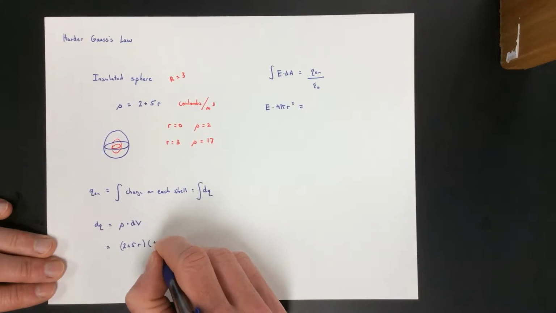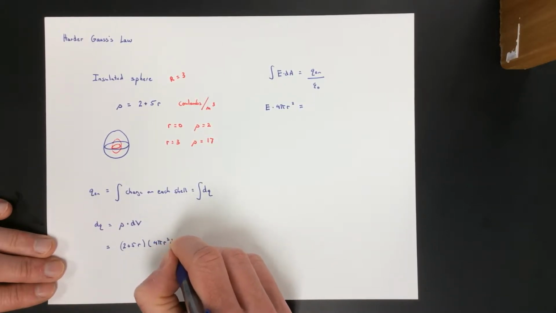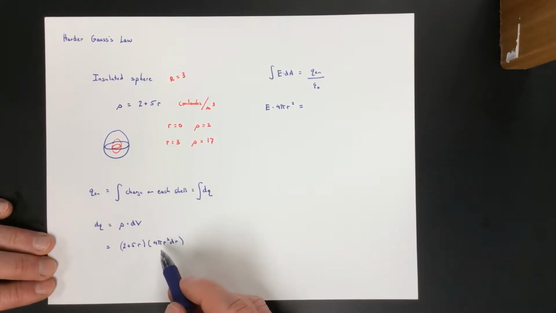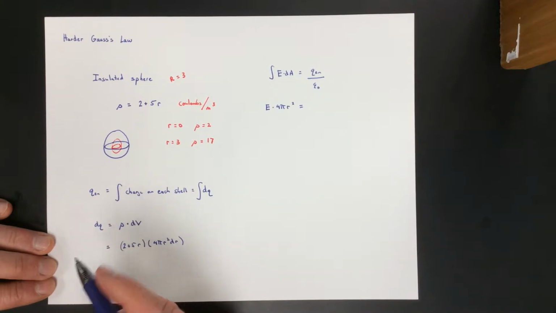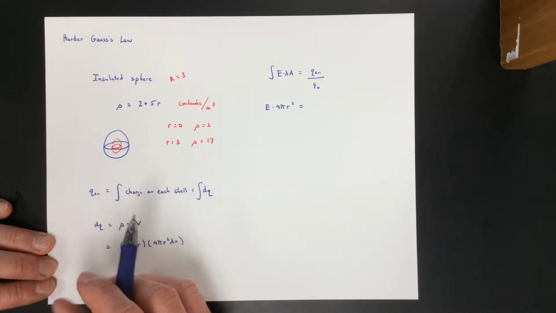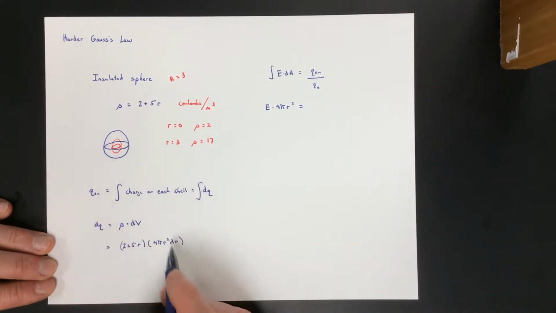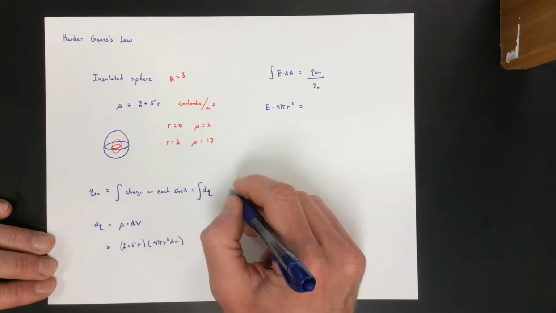Well, dV is 4 pi r squared dr, right? It's simply the differential of volume, but it's also the surface area times the thickness. Again, think about a spherical shell here. The surface area times a thickness gives you the volume of that shell. The volume times the density gives you the charge on each one of those things.